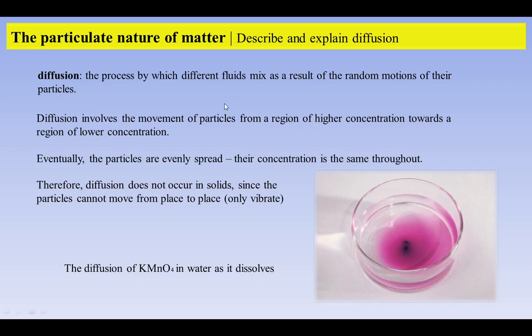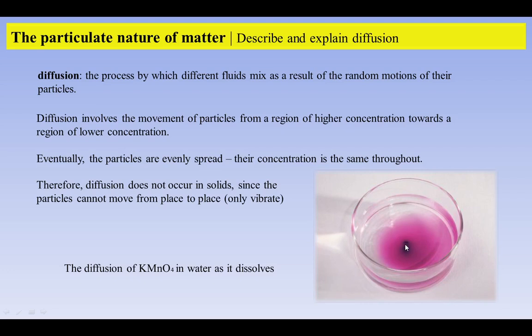So diffusion generally involves the movement of particles from a region of higher concentration towards a region of lower concentration. As you can see here in this image, we have the diffusion of potassium permanganate in water as it dissolves.